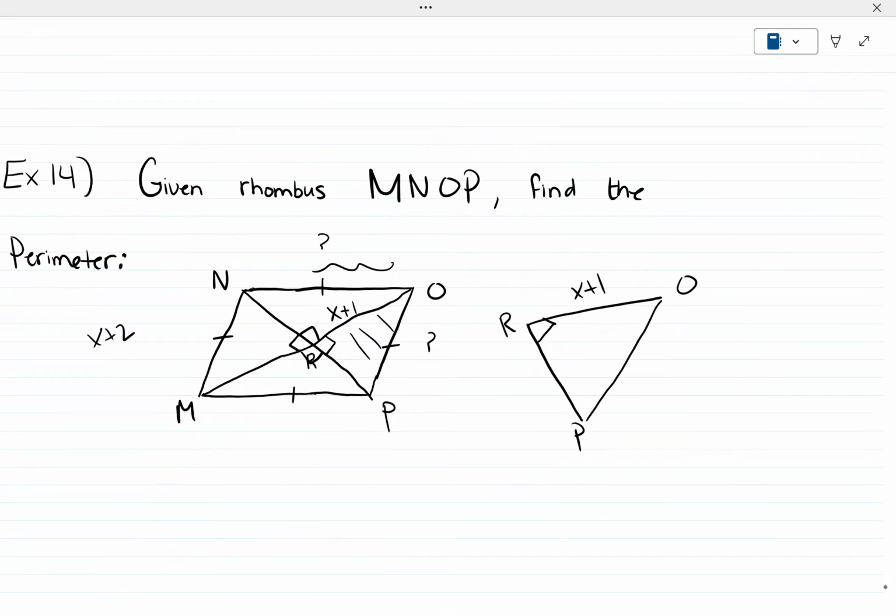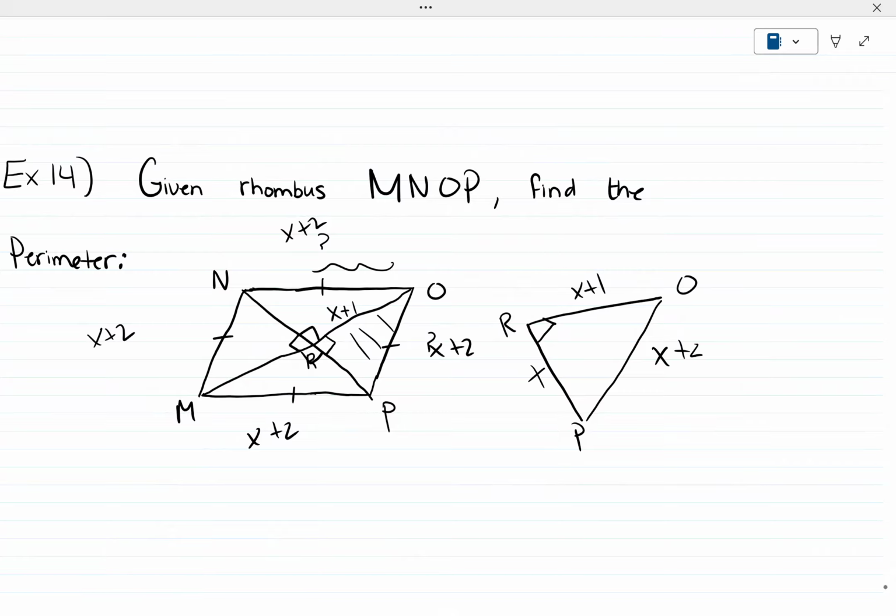So all of these sides are x plus 2, x plus 2, x plus 2. But in order to find this side, we've got to find x. So this is why I draw this triangle. This length here is x plus 2. And this length here, I don't know what it is, so I'll call it x.